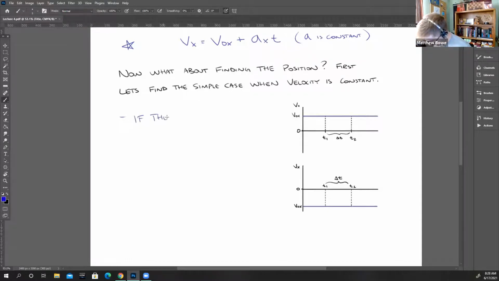If the velocity is held constant, if the velocity is constant, it is a flat line on a velocity versus time graph. We can see that from these two graphs.